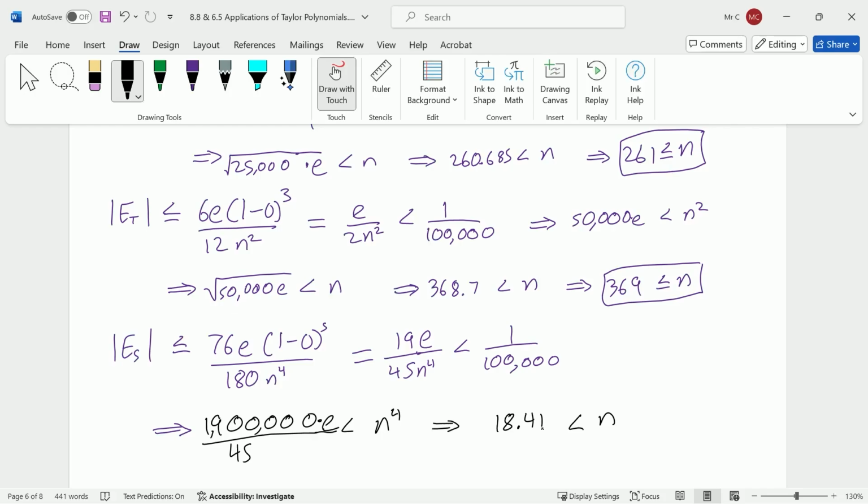But Simpson's rule doesn't just require that n be an integer, n has to be even. So n needs to be the next even number, which is 20. Either way, you can see here that we get the desired accuracy for our approximation at a way smaller value for n, only needing 20 samples here instead of the hundreds that we need for the midpoint or trapezoidal rule.